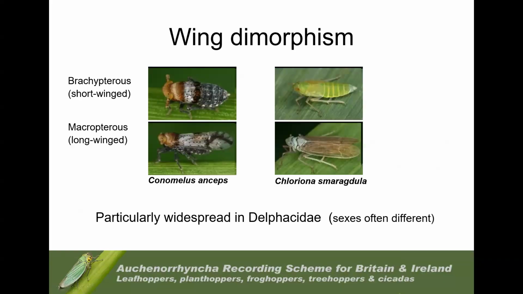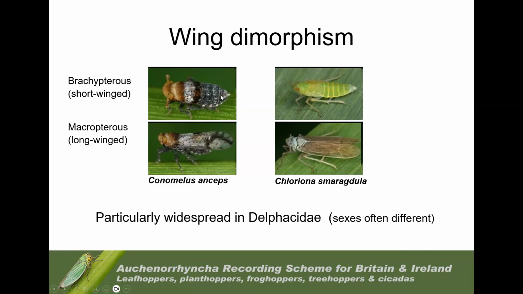One other feature which is worth mentioning, I think, is the fact that some species have 2 different morphological forms, a short-winged form and a long-winged form, so-called brachypterous and macropterous forms. You can see on the left-hand side here the species Conomelus anceps, which is a very common species feeding on rushes in wet grassland and fens and so on.